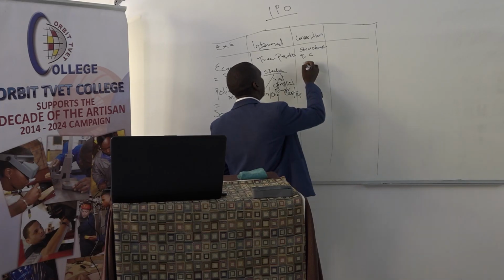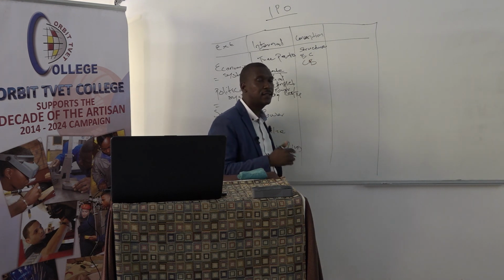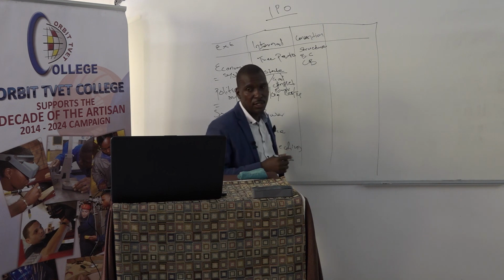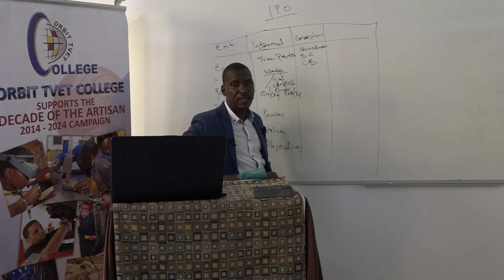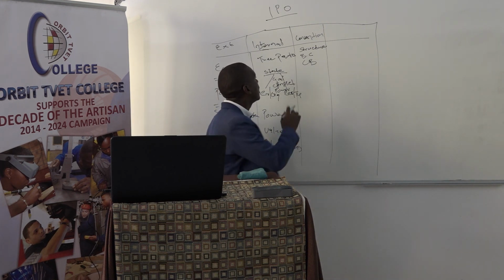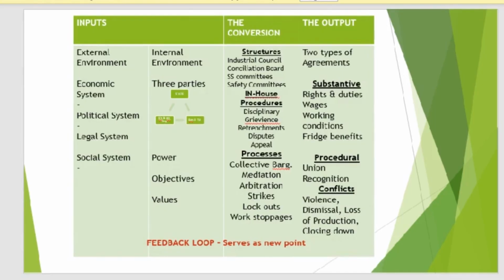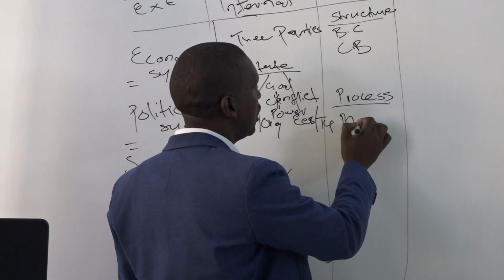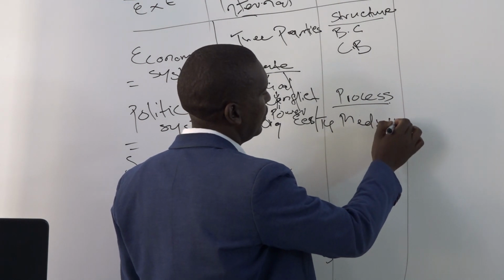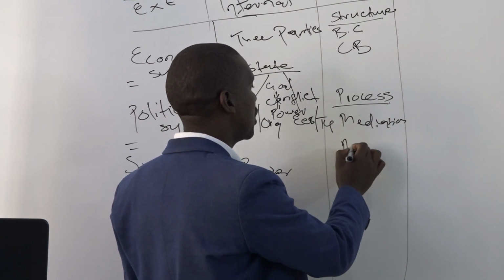We've got the conciliation board. We also have other things that we'll have to look at. In terms of this, it will be the processes. The processes that you are going to come across will be mediation and arbitration.